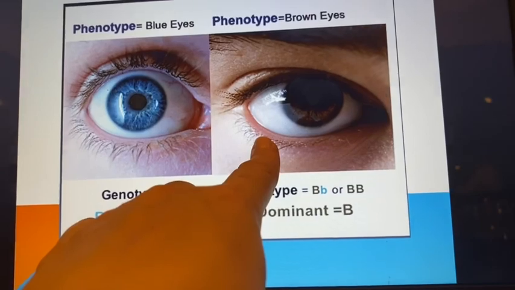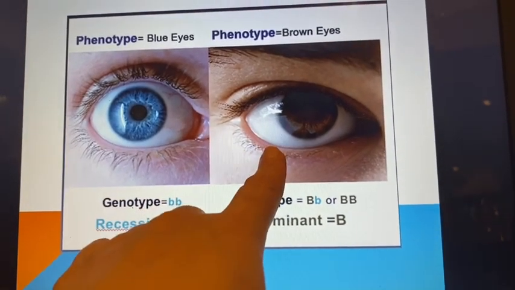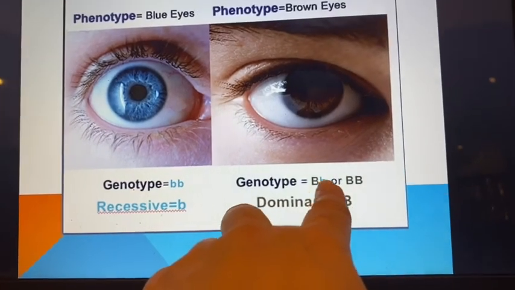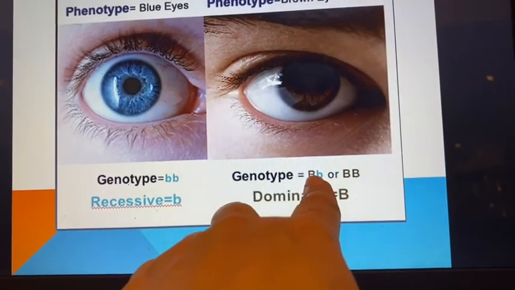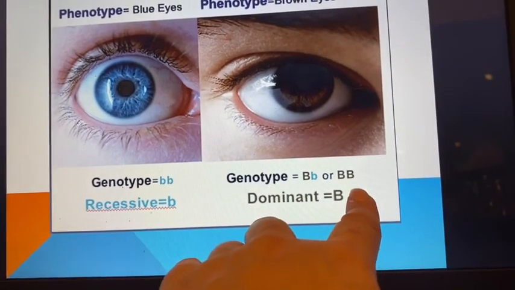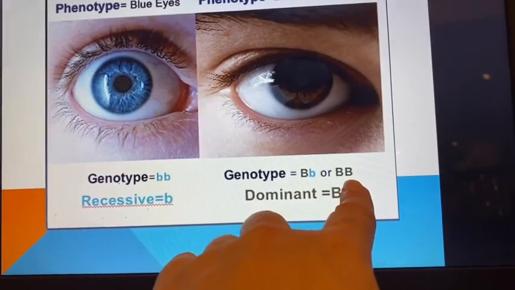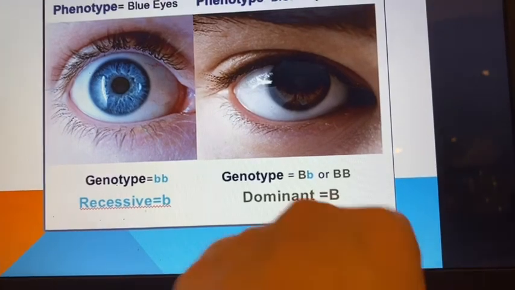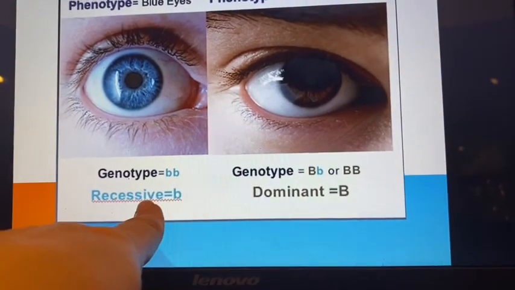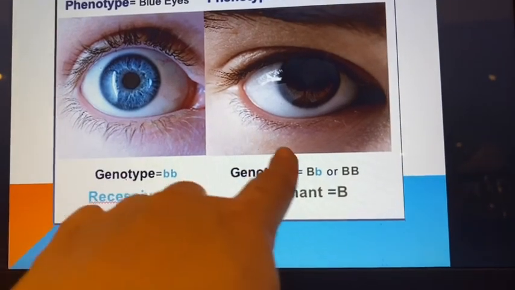Anyone on earth that has brown eyes, they can have two genes, either B capital B small, meaning one dominant with one recessive, or B capital B capital, both of them are dominant. Okay? Now, B small is for blue eyes, we said it is weak.